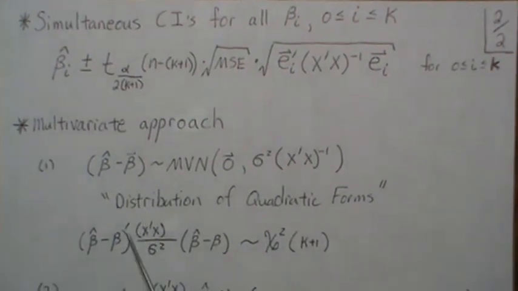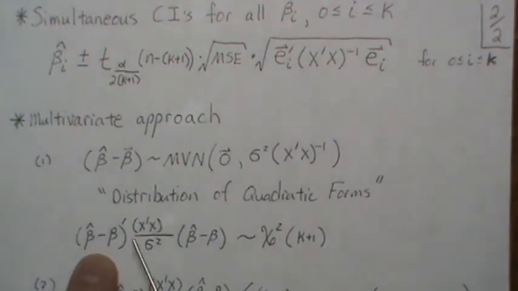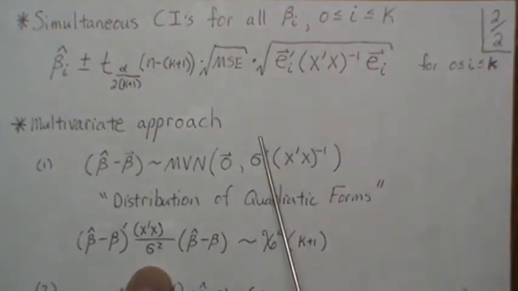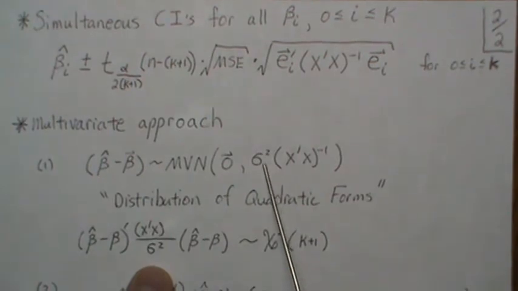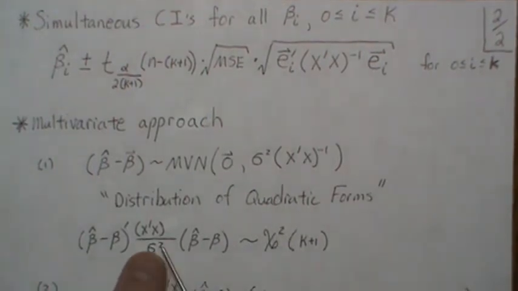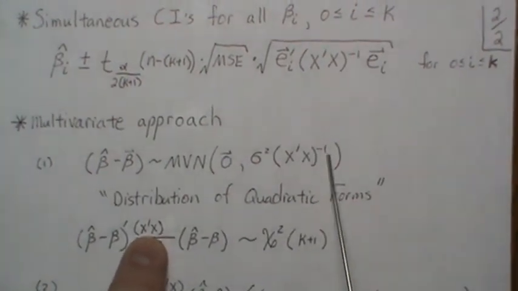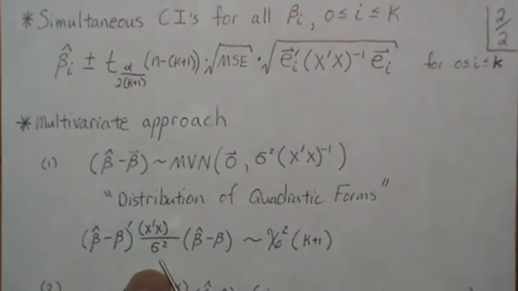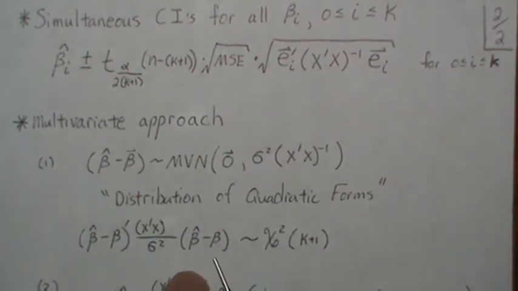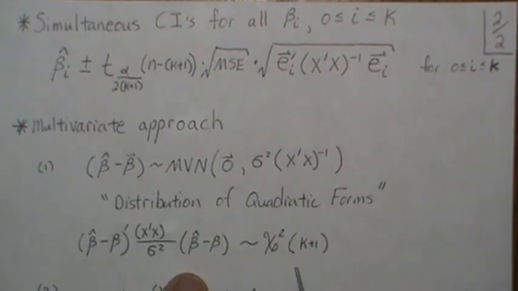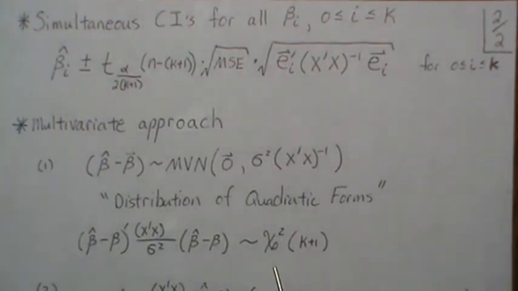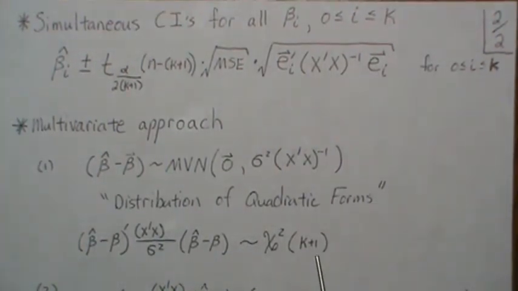So here we take this vector, of course transpose, and then we take the inverse of this. So that's why this goes down in the denominator. And the inverse of an inverse is just what we started with. And of course that vector.